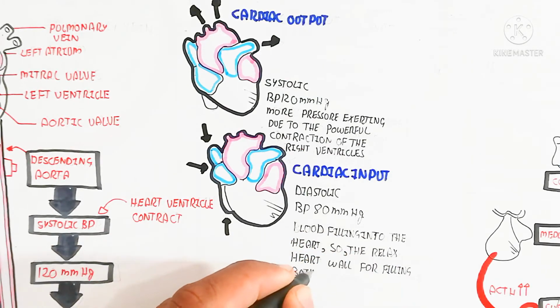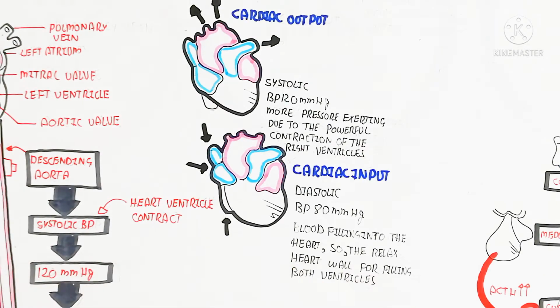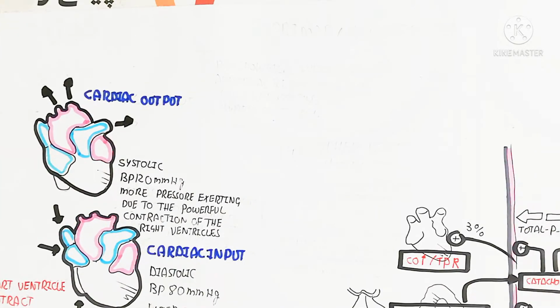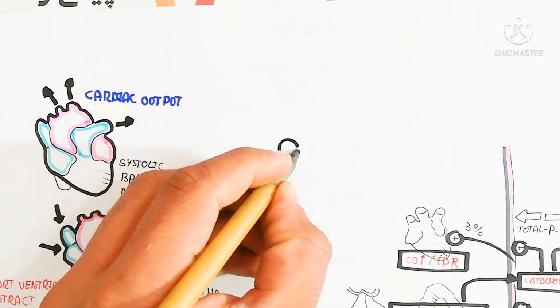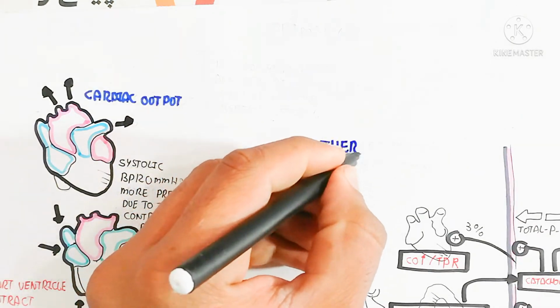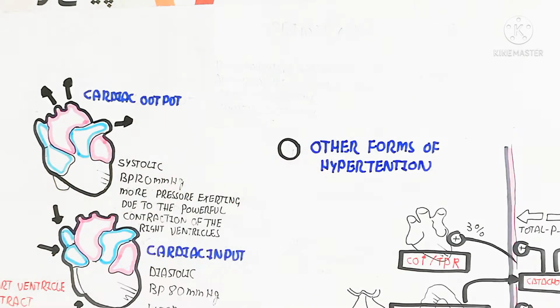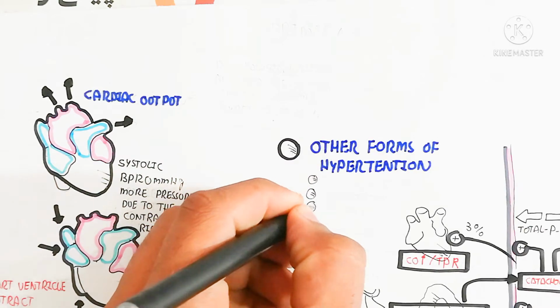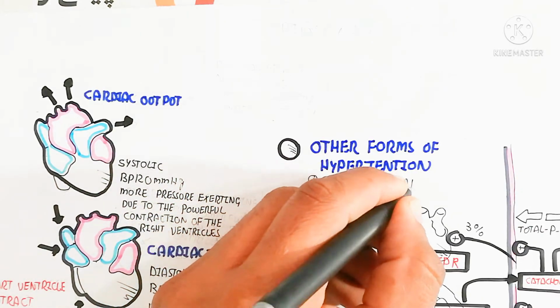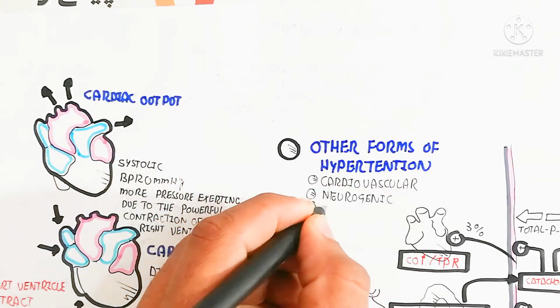In this way, I hope you are getting this concept easily. That is basically the major function of cardiac output and cardiac input, which can be increased due to the sympathetic nervous system. On the other hand, other forms of hypertension can be cardiovascular, neurogenic, as well as drug addiction or drug input.